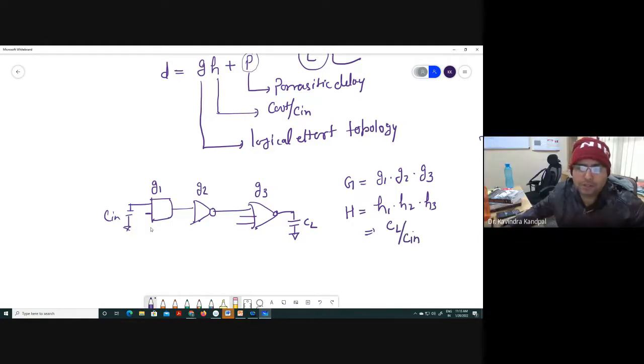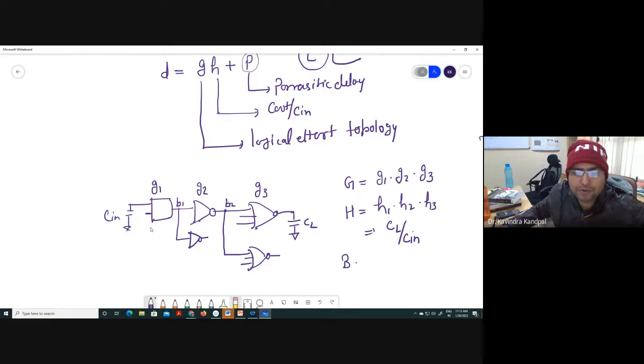And I also told you if the circuit has certain branches, for example, again the same NOR gate, and I'm just making sure that it is offering the same capacitance, one NAND gate here, right? So you have one branch here, B1, another branch here, B2. So the branch effort will be how much? B1 into B2. B1 happens to be 2, B2 happens to be 2, that is 4, right?